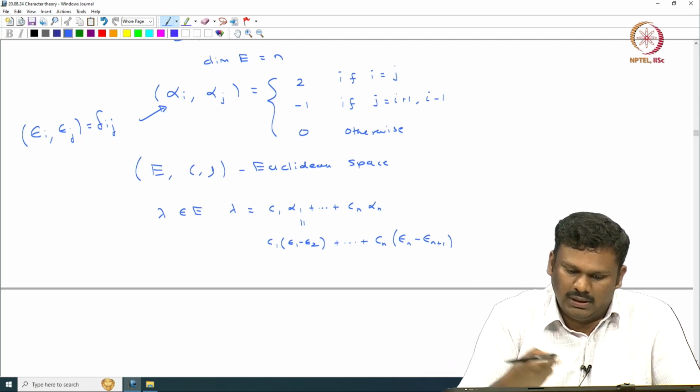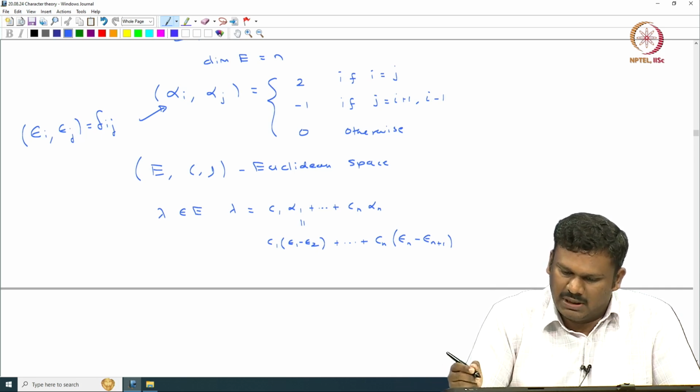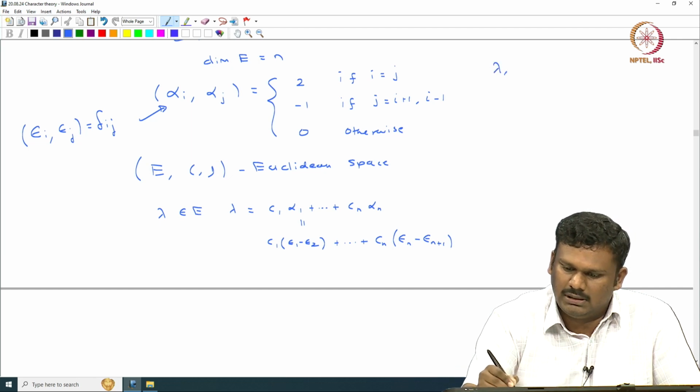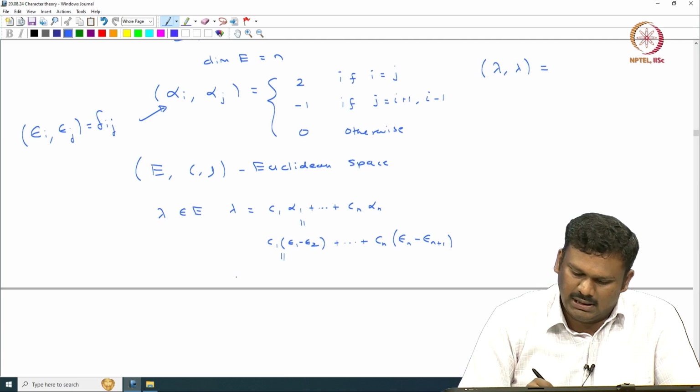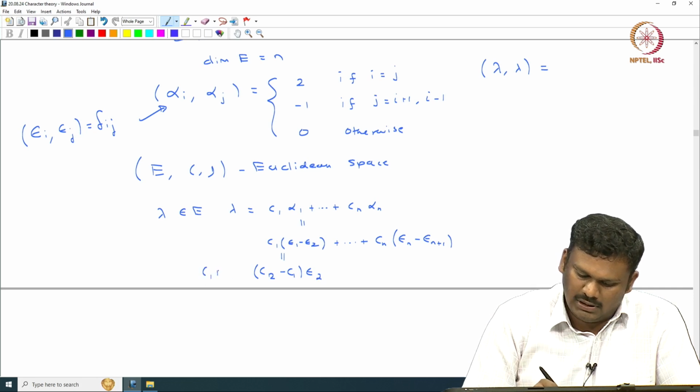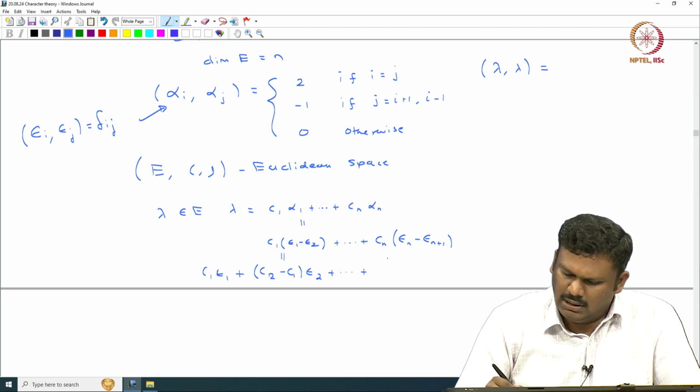So, it is enough to compute in terms of the epsilon_i basis. Then lambda equals c_1 epsilon_1 plus (c_2 minus c_1) epsilon_2 plus etcetera, until you get minus c_n epsilon_{n+1}.